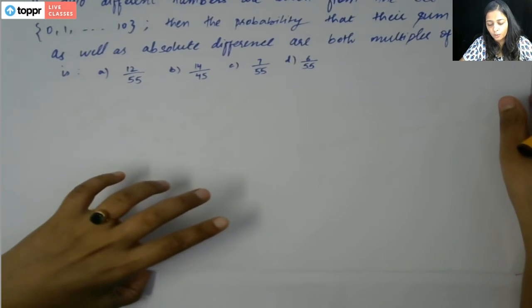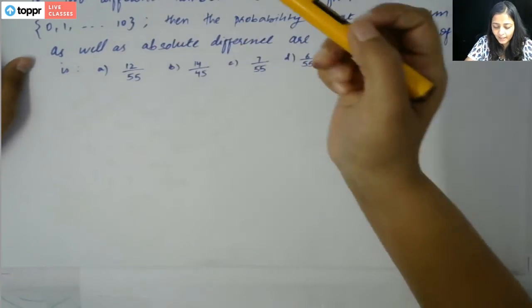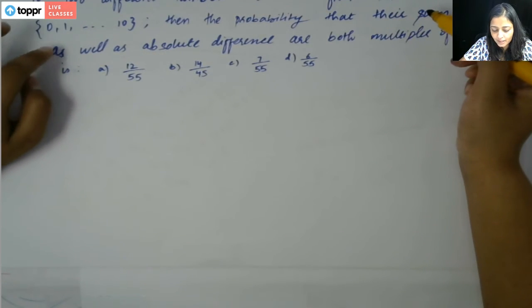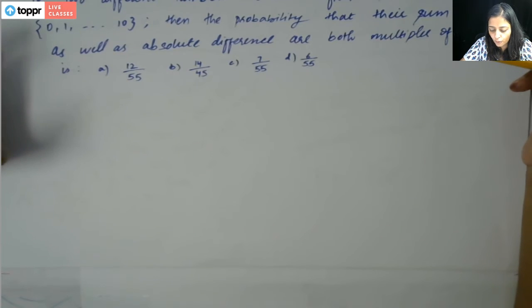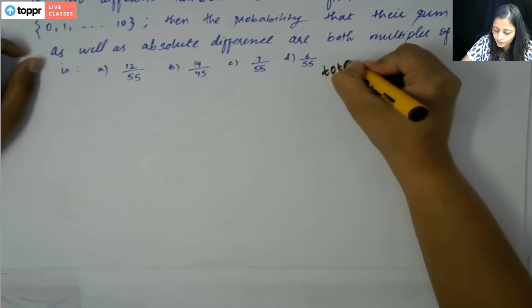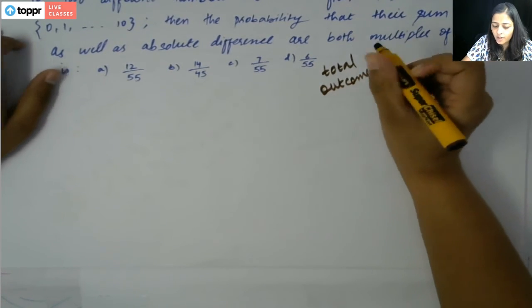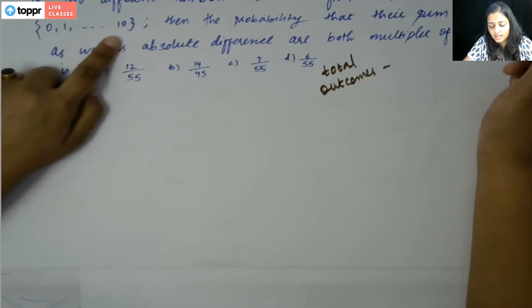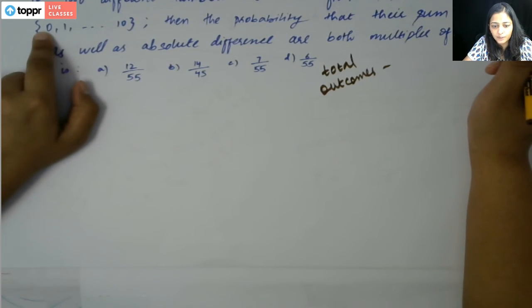now if two different numbers are taken from the set 0, 1 till 10, then the probability that their sum as well as absolute difference are both multiples of 4. So how many total outcomes do we have? We have to choose two numbers from this set, and how many elements are there in this set? 11, because we are starting with 0.